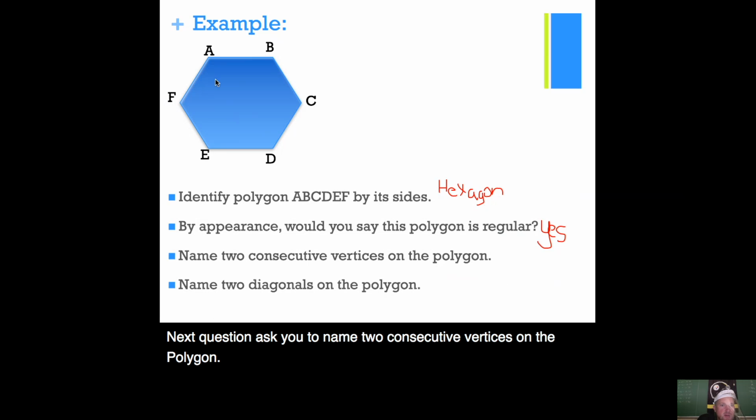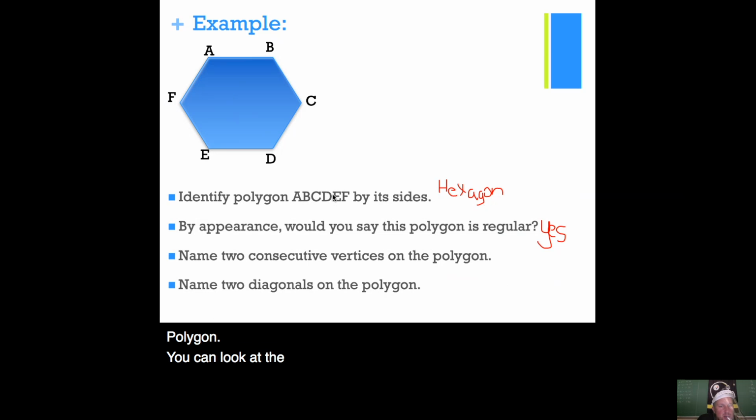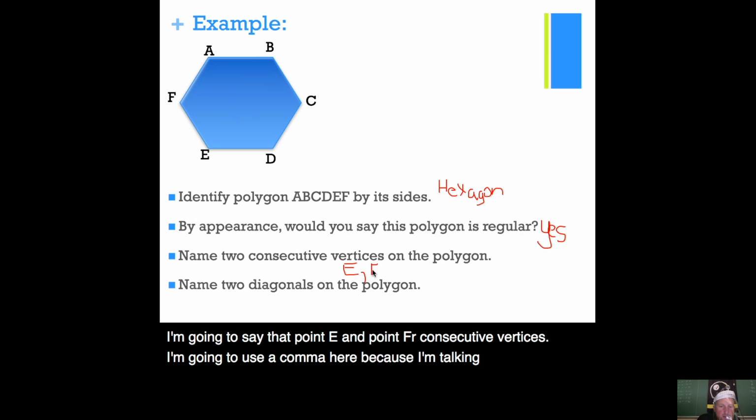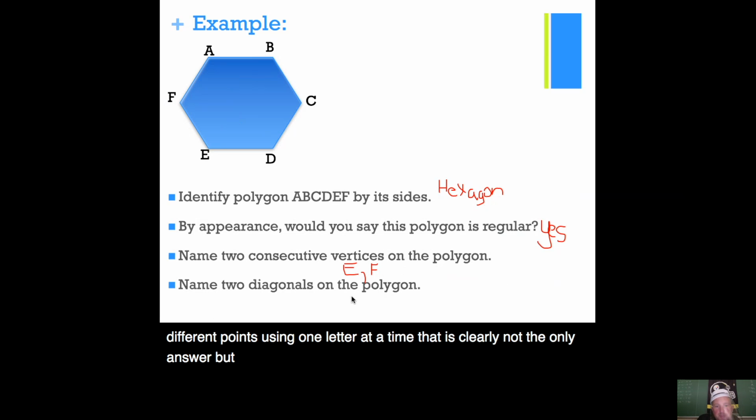You can look at the picture, or you can look at the name of the shape. I'm going to say that point E and point F are consecutive vertices. I'm going to use a comma here because I'm talking about 2 different points using 1 letter at a time. That is clearly not the only answer, but that one works.